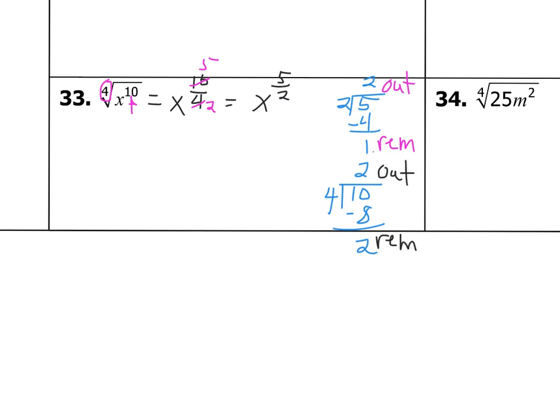Well, those 2 would remain underneath a 4th root. So you would have the 4th root of x squared, which is x to the 2/4, which can be reduced to x to the 1/2. So our preference is, this is the more simplified version, which would then be the square root of x.